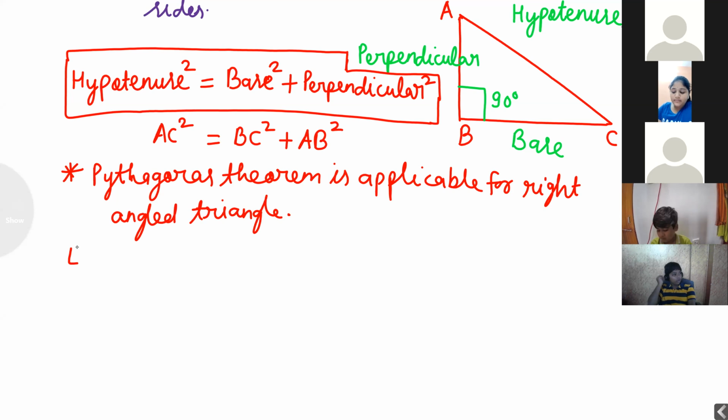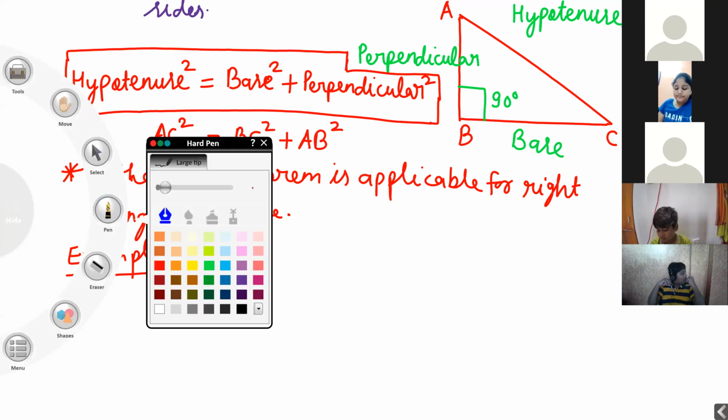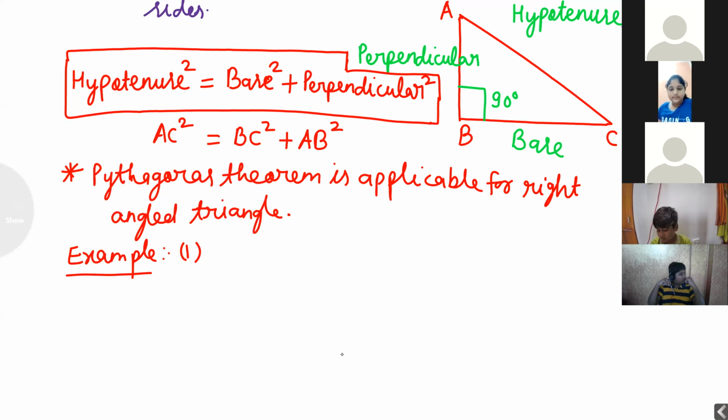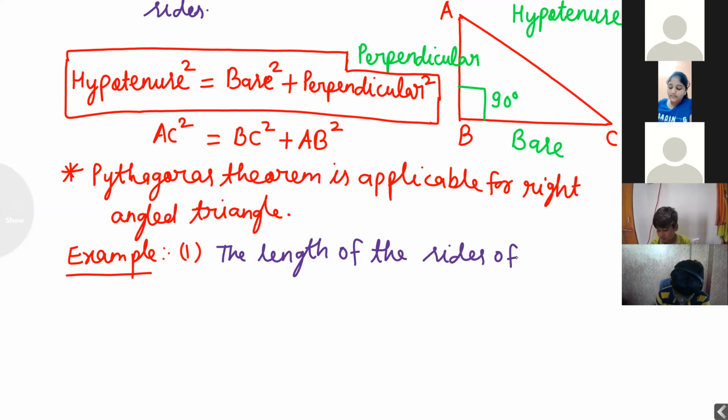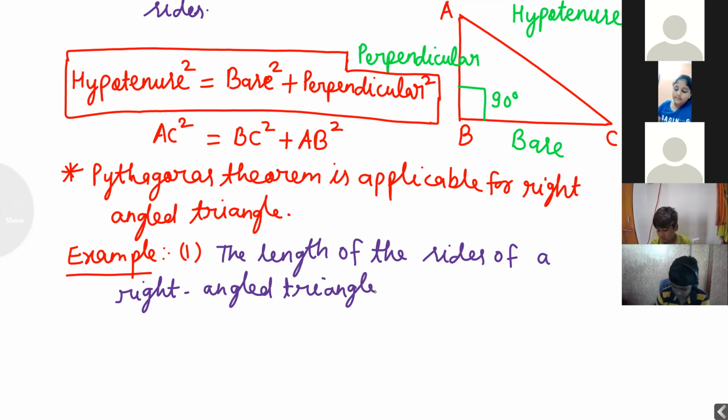Example first. The lengths of the sides of a right angle triangle are 8 meter and 6 meter.